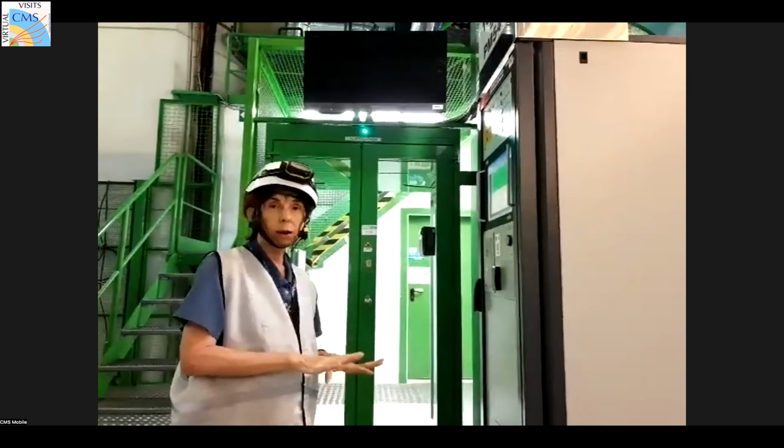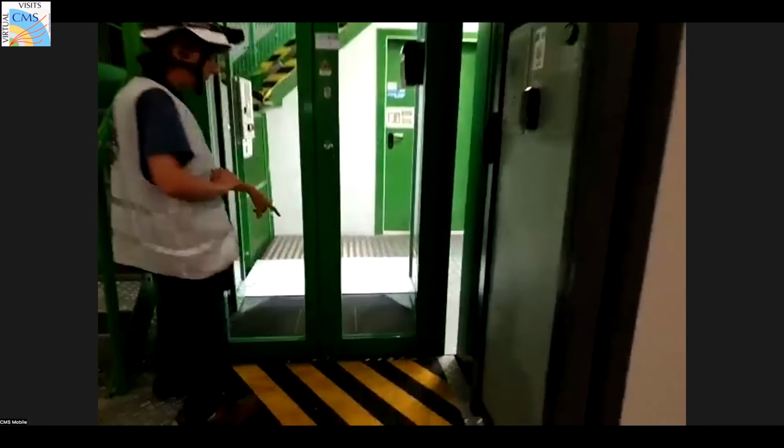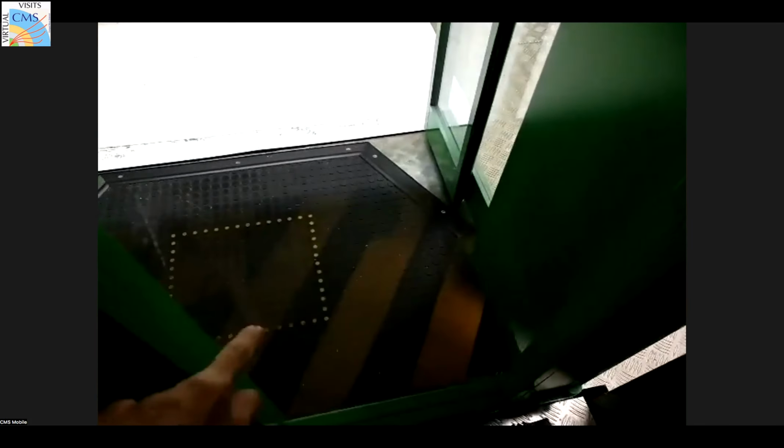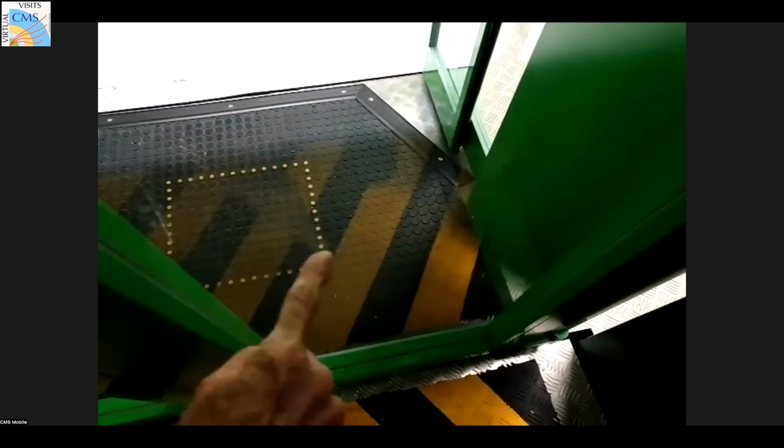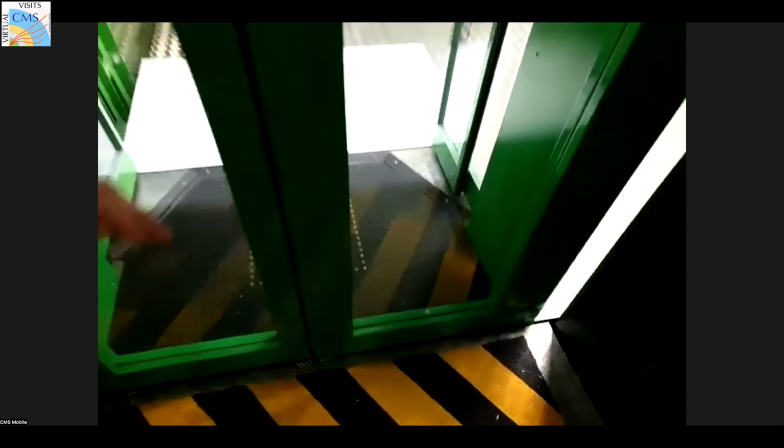One check is to step in, maybe Noemi can show. We have a sort of square there. You can see maybe the yellow dots here. So I step in. There is a sort of scale. It's not that I can see my weight, but the system realizes I'm a person.